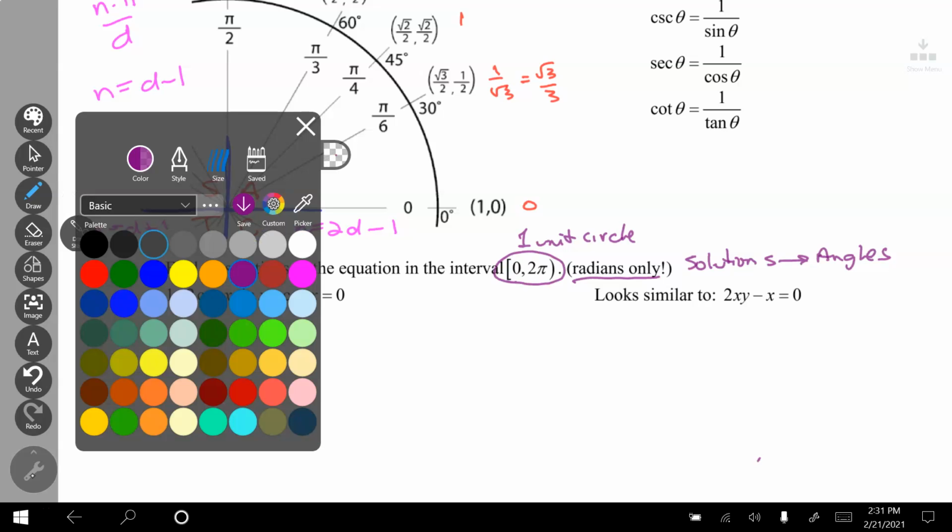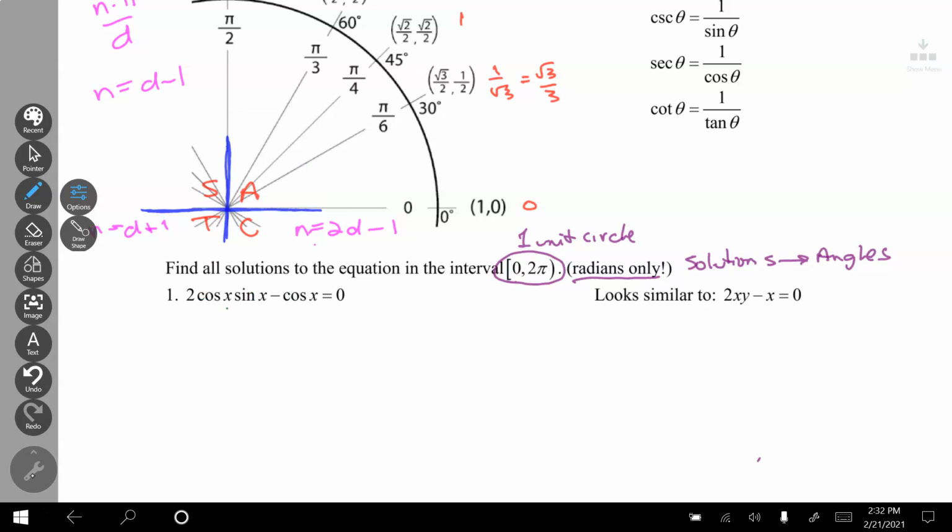So when I see this first problem, I see a lot of trig going on here, but I really look carefully and I say it looks very similar to what I have over here. They basically look very much the same. Okay, cosine times sine minus cosine, it looks like 2xy minus y. And the idea is that I want to factor things.